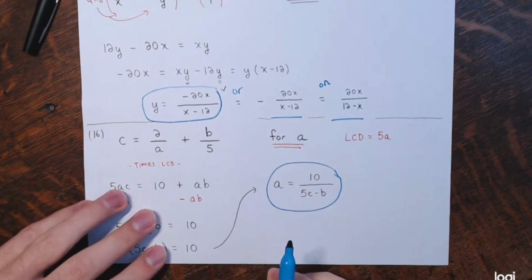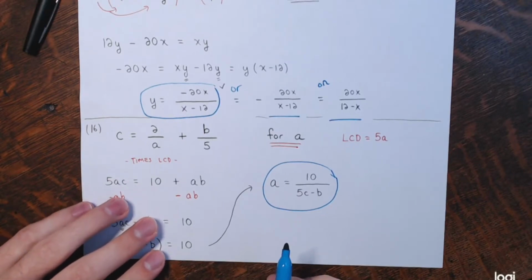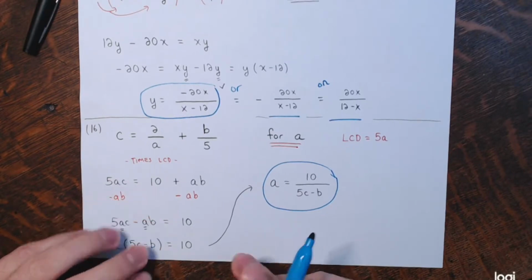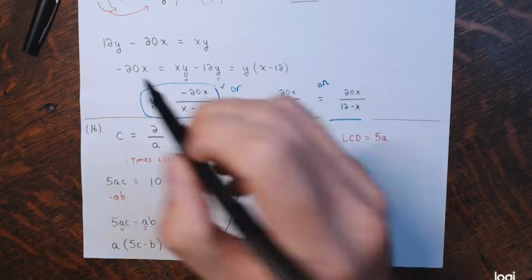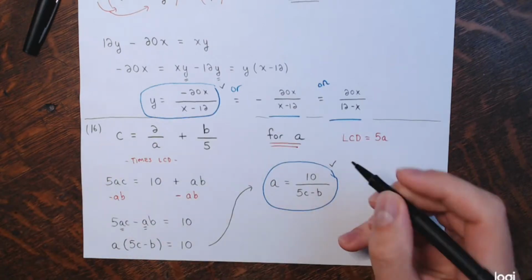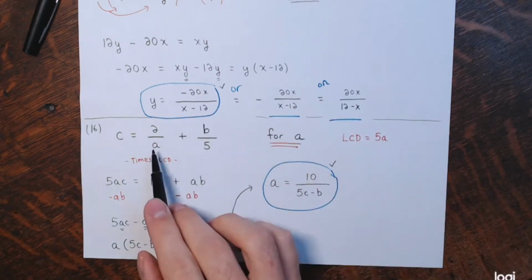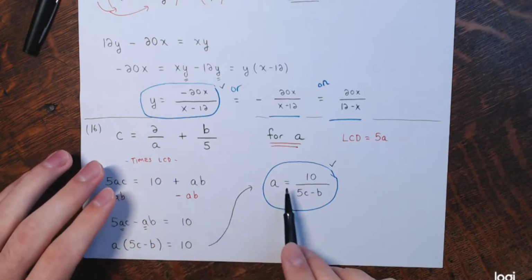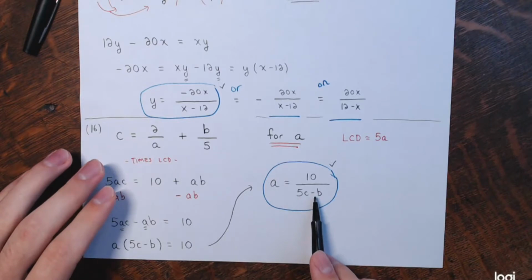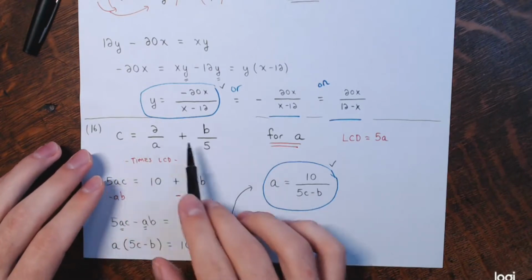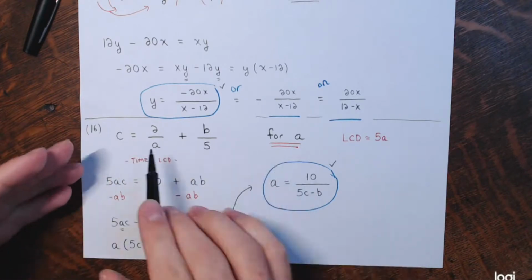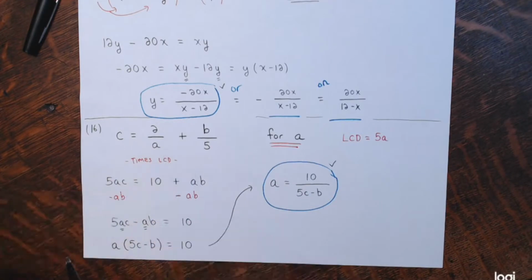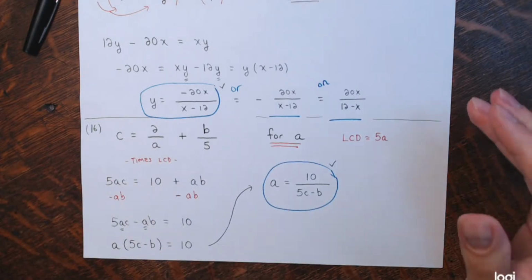So A equals 10 divided by 5C minus B. And once again, last time I'll say this in this video, last example, just check. Go back to the original equation, replace A with this expression, 10 over 5C minus B, and simplify both sides, and you should end up with C equals C. That should work. But I leave it to you to check.